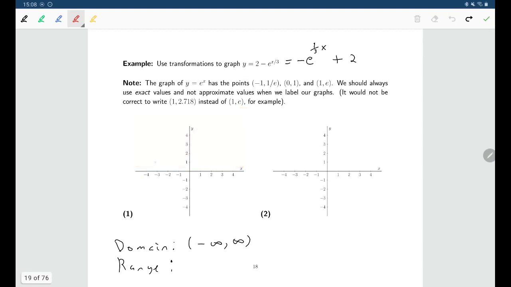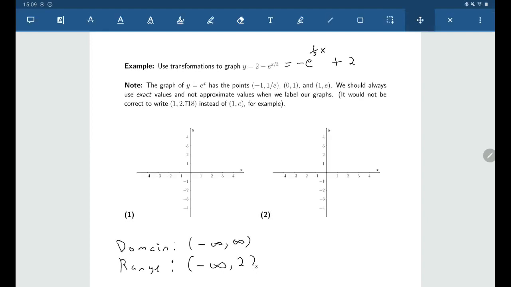Flipping it means that the y values will all now be less than 0. And now moving everybody up by 2 means that all of our y values should be less than 2. So I'm going to predict in advance that my range should be all the values that are less than 2. And we'll circle back and see if I was correct on that.